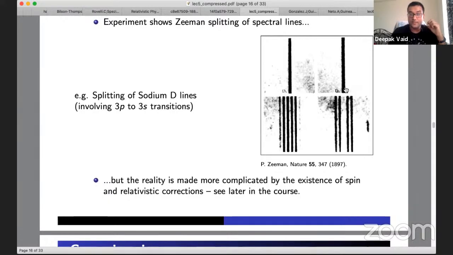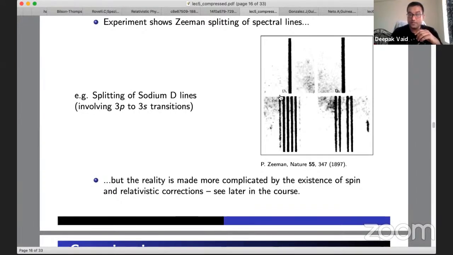So if you look at these lines, this line splits into two, but then those two are again split into two smaller lines. So this is the 3s state. So the s state, remember, has an eigenvalue, right, so the angular momentum eigenvalue can be +1 or -1.